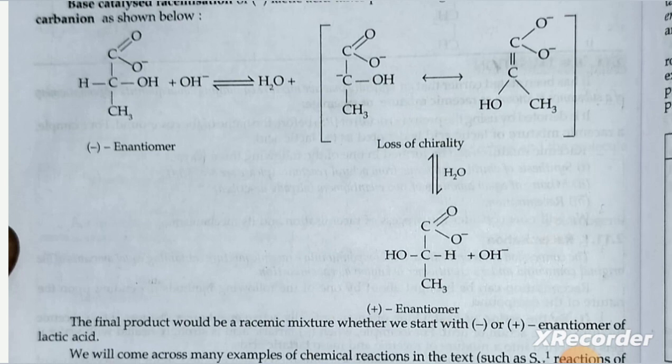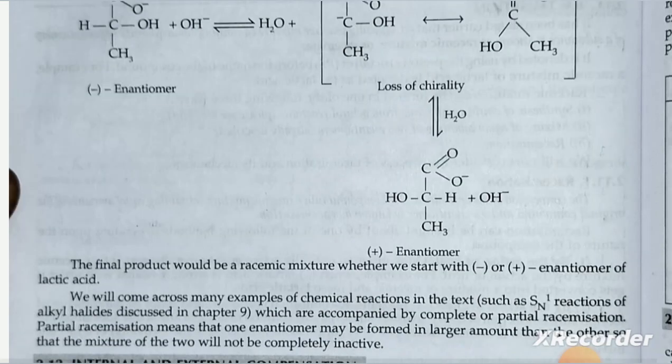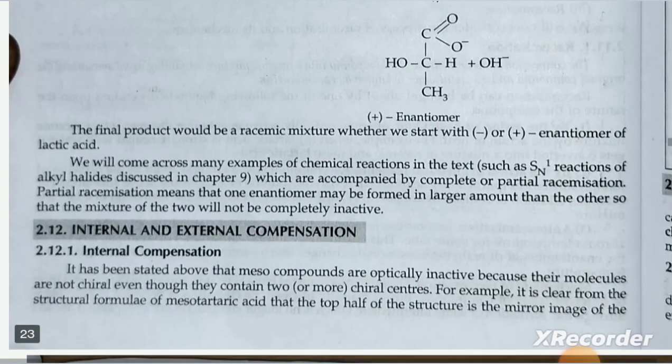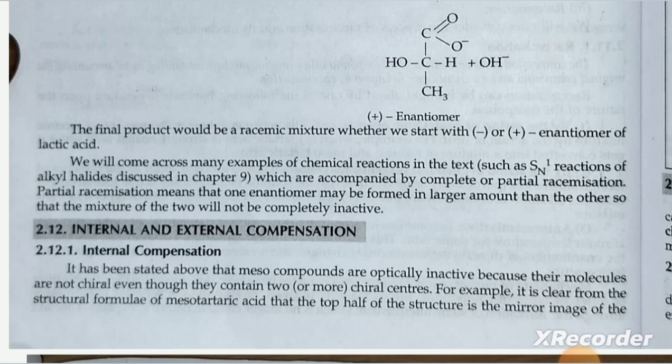The final product would be a racemic mixture whether we start with minus or plus enantiomer of the lactic acid. We will come across many examples of chemical reactions in the text, such as SN1 reaction of the alkyl halide discussed in chapter 9, which are accompanied by complete or partial racemization. Partial racemization means that one enantiomer may be formed in larger amount than the other, so that the mixture of the two will not be completely inactive.